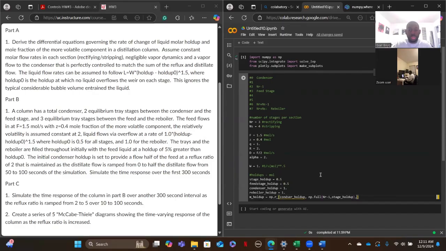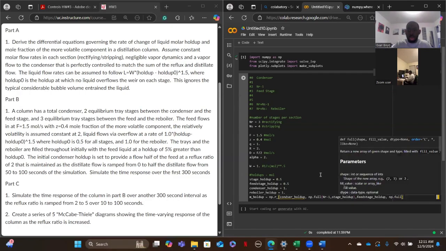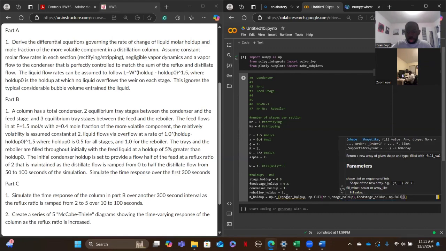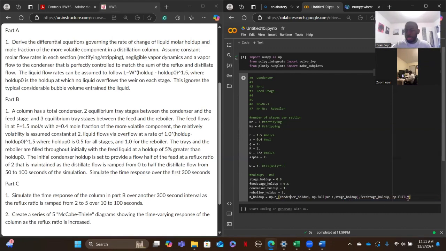And then next we will do our feed stage. So feed stage. And then we will do the same thing for our stripping section. So np.full, and then we do NS for stripping, -1 again to get rid of the reboiler because we already have the reboiler for one of our holdups.